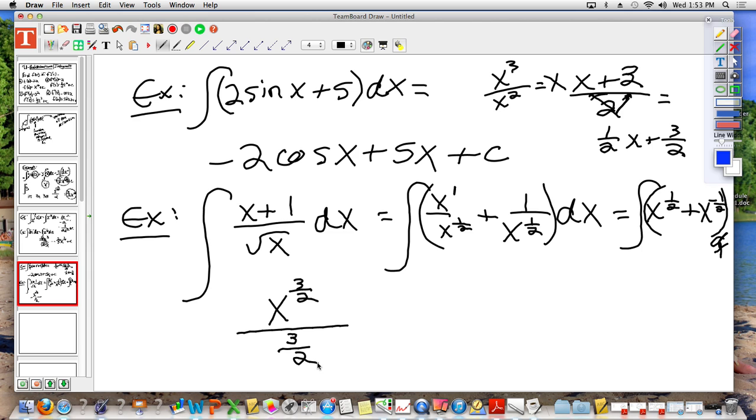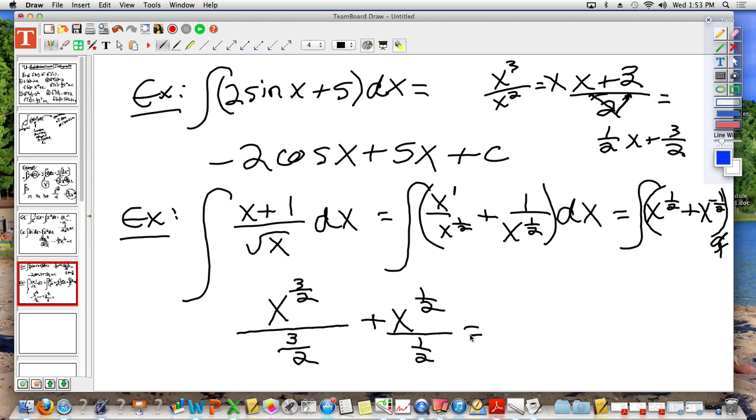All right. X to the negative 1/2 power. Add 1 onto negative 1/2. What do you end up with? You end up with x to the 1/2 power. Well, what do I need to do? Divide by 1/2. Always divide by the new power. Okay.